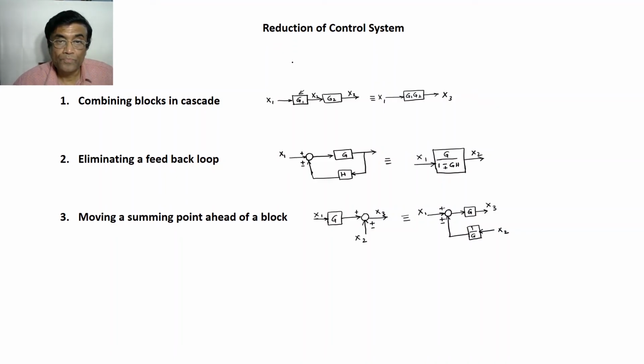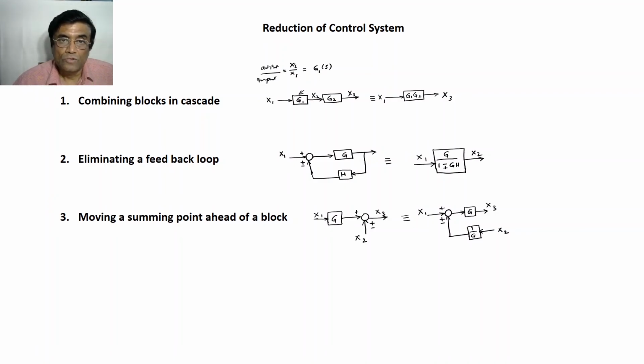So X2 by X1, that is output by input, equals G1. You can put it as G1(s) also, because normally we operate in the frequency domain. So this s is the s parameter in the s plane.